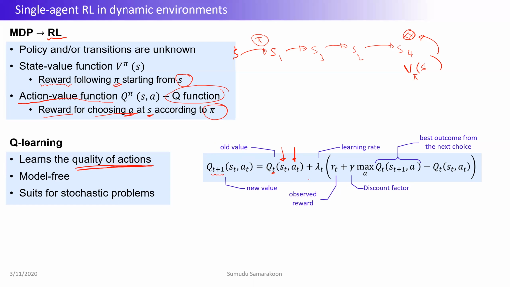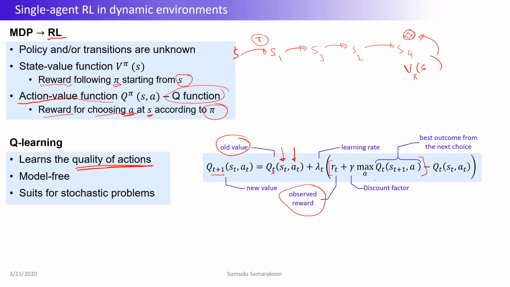Again, it is going to be a weighted sum over two components. One is the old value. The second one is based on this part, these two terms. Here, R_t is the observed reward for taking a certain action.